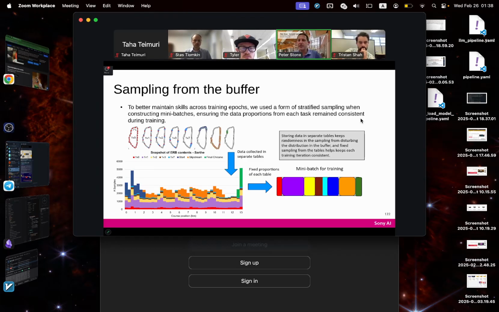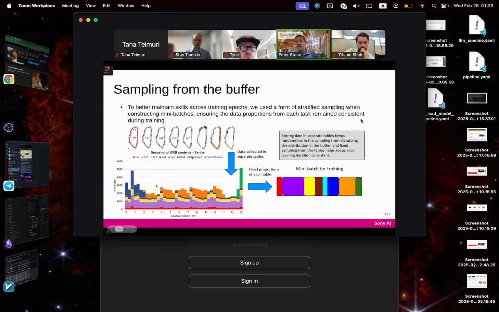a particular type of sampling from the experience replay buffer, where we generated all that different experience. And then as a function of where the car was on the track, it would curate the proportion of experiences that the car was learning from at that part of the track, based on different types of experience that were collected by the rollout workers.